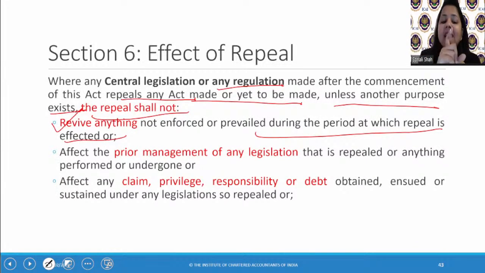So if an act is being repealed by another act, it will not revive anything not enforced or prevailed during that period. Now let's take an example.